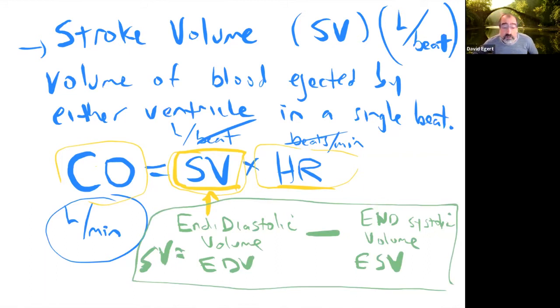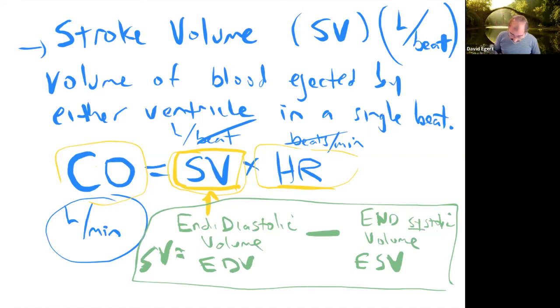End diastolic volume means how much blood is in the ventricle at the end of diastole, as the beat is about to begin. Right? So diastole is when the ventricles are refilling. End diastolic volume is the volume in there just as systole begins. Then we get systole, the heart ventricles squeeze. It never squeezes out the very last drops of blood. There's some residual blood left in the ventricle when systole is done. So that is end systolic volume, how much blood is left in the ventricle after the squeezing is done.